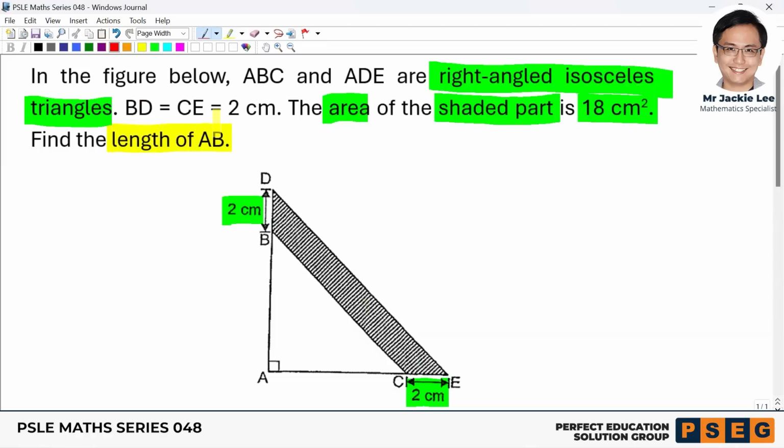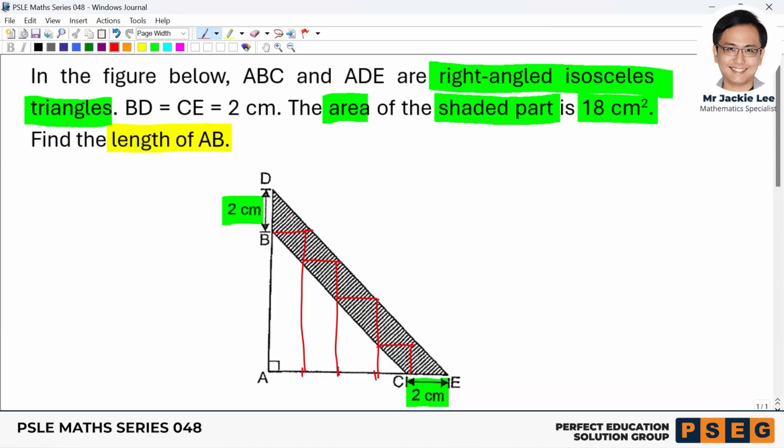Okay, now this shaded part, in fact, we are able to chop this into 9 equal pieces of triangle. The way we do this is something like this. Okay, so you count carefully.